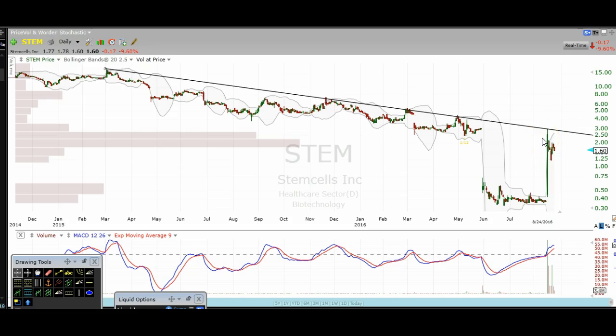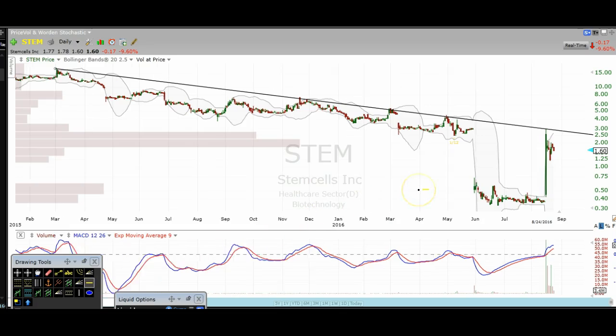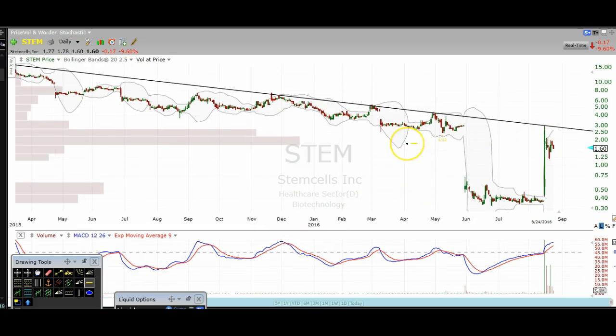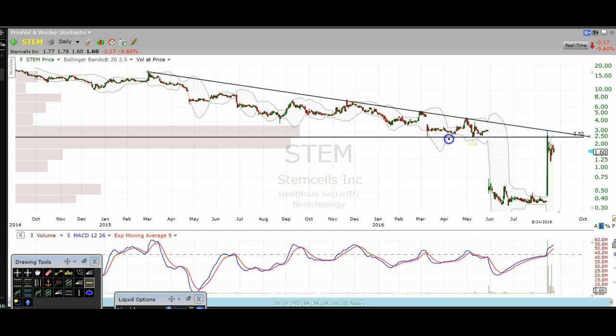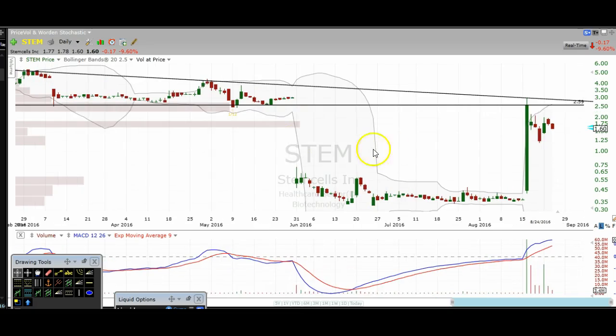So beautiful trend line to play against, so it's no surprise that that's where we got rejected. We also have a ton of resistance right around there from the lows of these candles here. You can see several lows right there. So big resistance ahead of us.